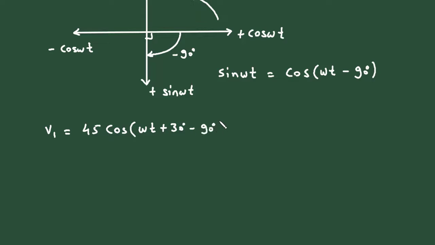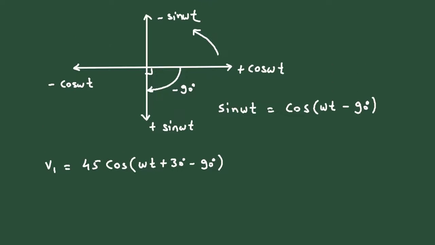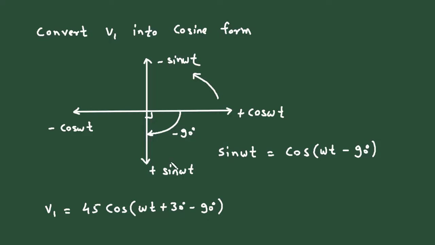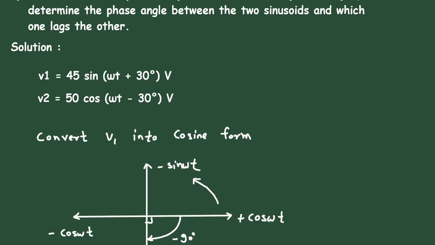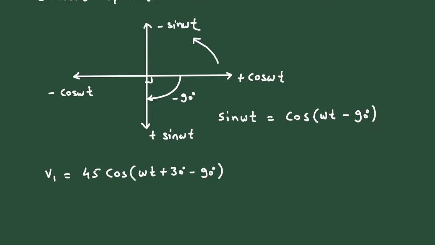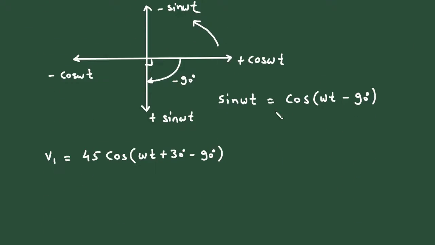So now V1 is equal to 45 cos(omega t minus 60 degree) volts, and since it is a voltage, its unit is volts.